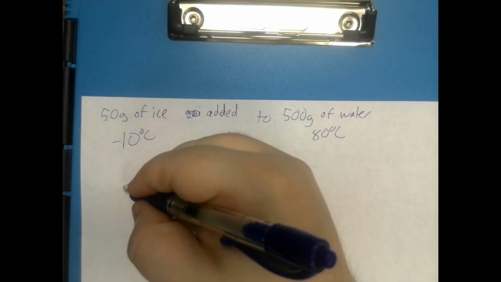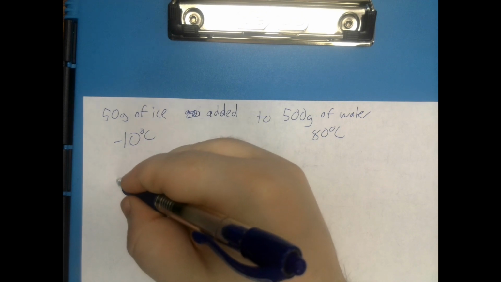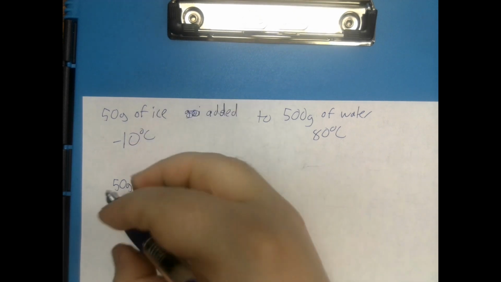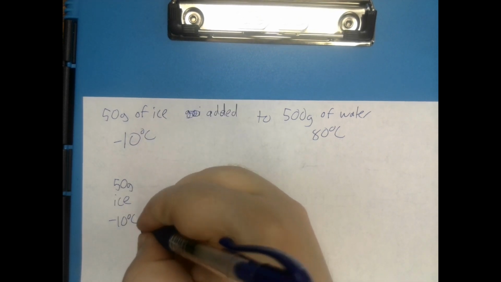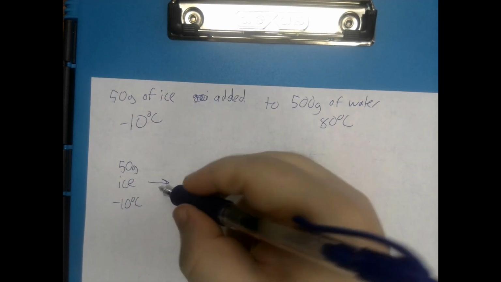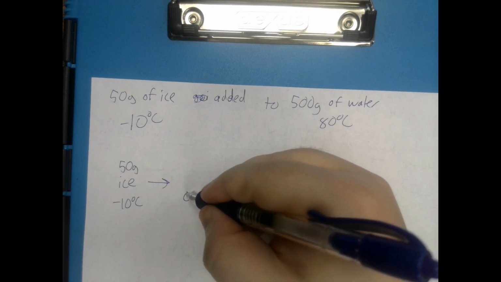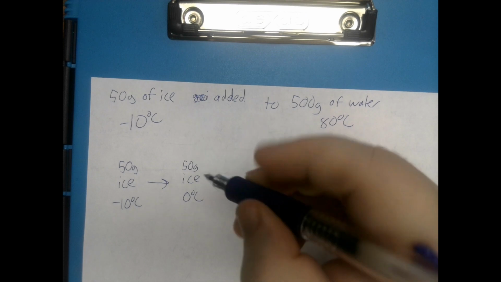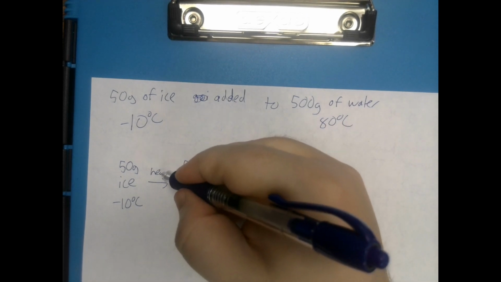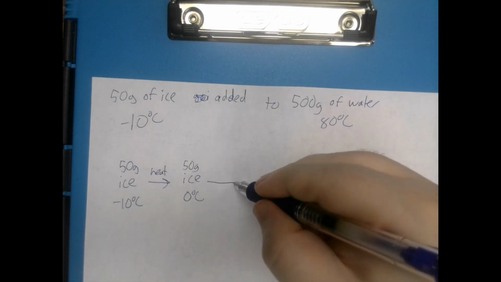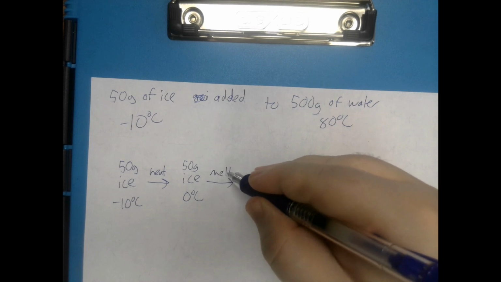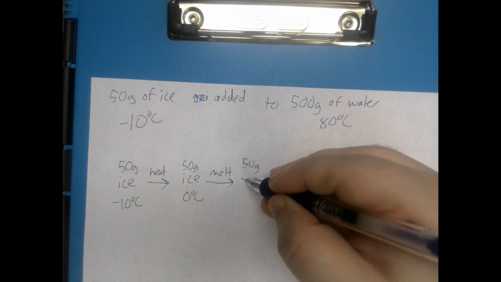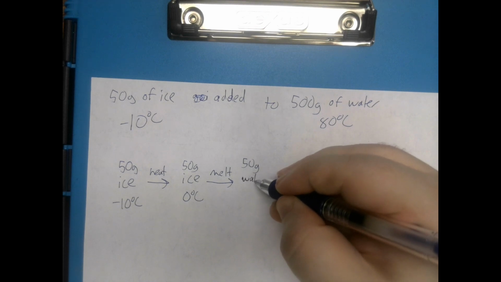So again, we're starting out on the left side. We have 50 grams of ice at negative 10 degrees Celsius. That's going to heat up to the melting point. So it's going to heat up, then it's going to melt and become water.